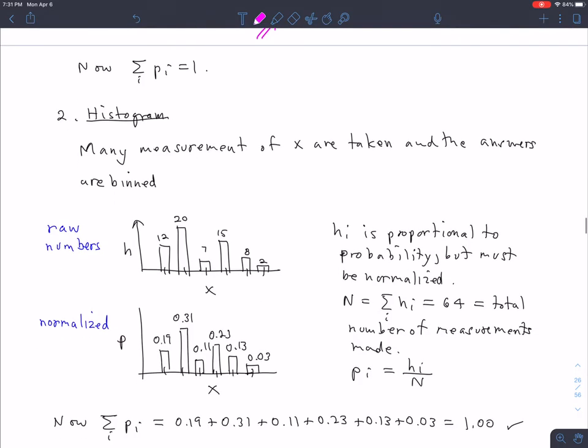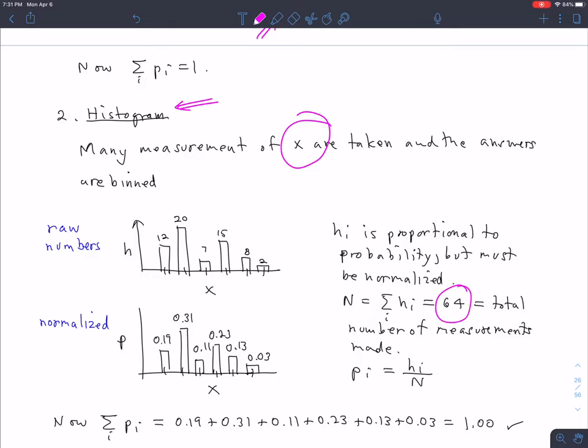Another example that doesn't really apply directly to statistical mechanics, but does show up often enough to be of great interest, is the idea of normalizing a histogram. So let's suppose I take a bunch of measurements of some kind. I'm measuring some quantity x. I measure it a whole bunch of times. In fact, let's just say I measure it 64 times.